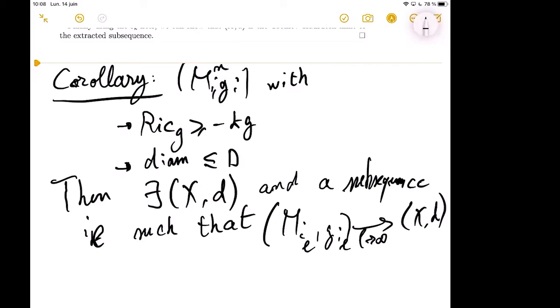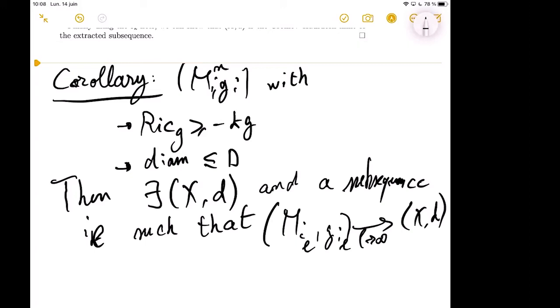Most often, when you use this compactness theorem, you really need it. When in the end you can prove convergence to some specific limit, you will prove it directly. You won't need to first extract a subsequence.